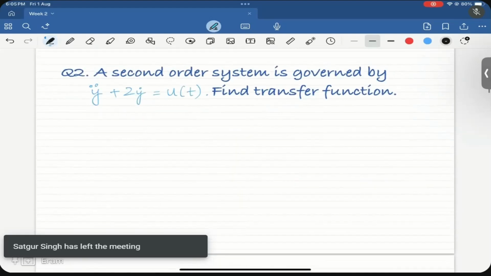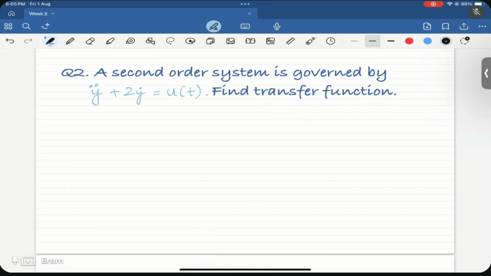Now the second question is, there is a second order system whose dynamics is given as y double dot plus 2y dot equals u(t). You have to find the transfer function of this system. Please try, everyone.